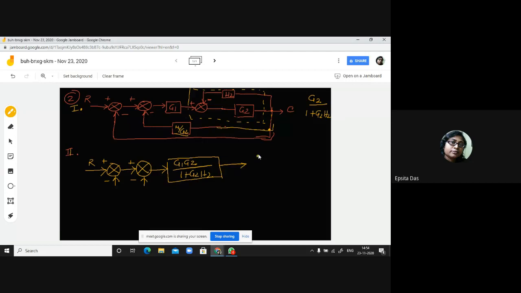So this is my, here, now I will get H1 by G2. Understood? And then now it becomes simple. What we have to do? Now we have to reduce this part.